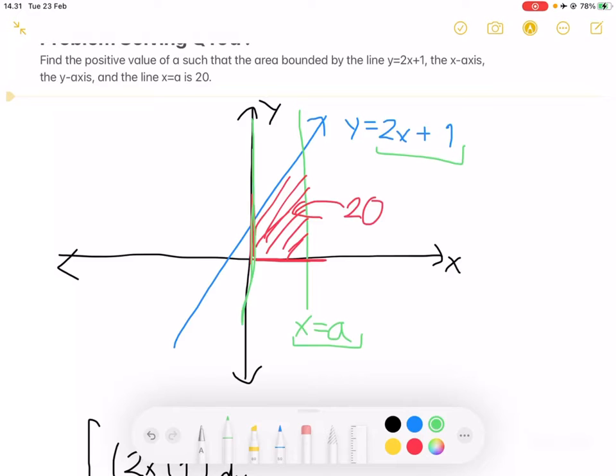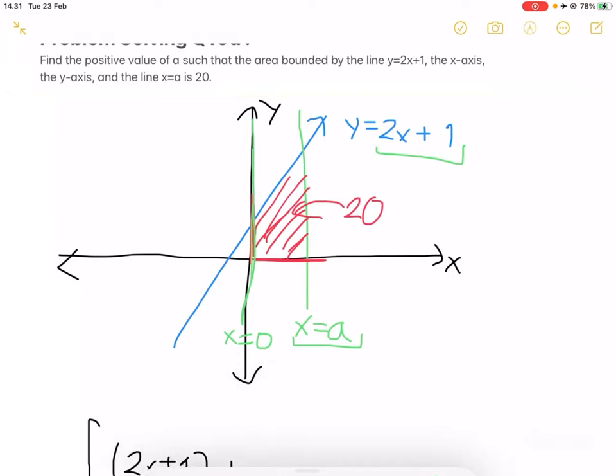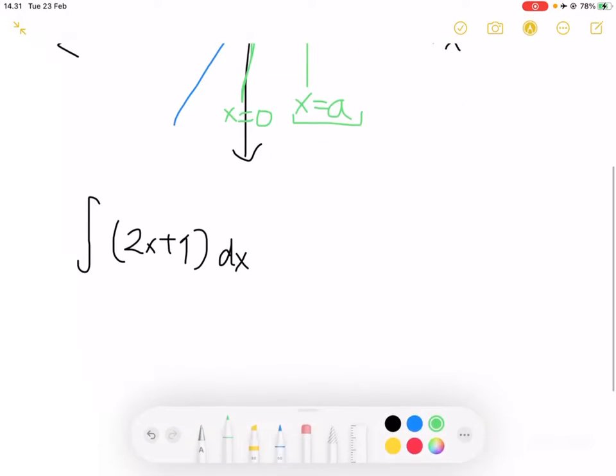Because we start our area at x equals 0, which is the y-axis, and our upper bound will be x equals a. And remember, this must be equal to 20 as told in the question above.